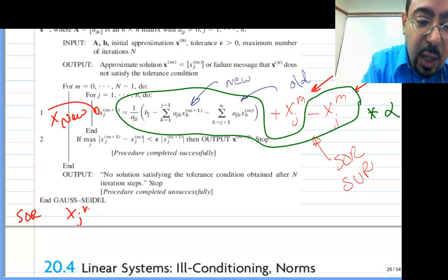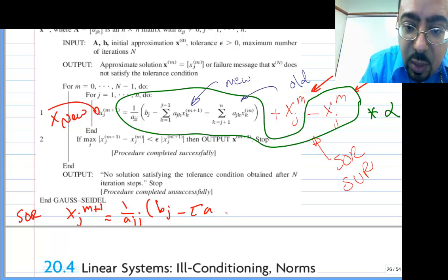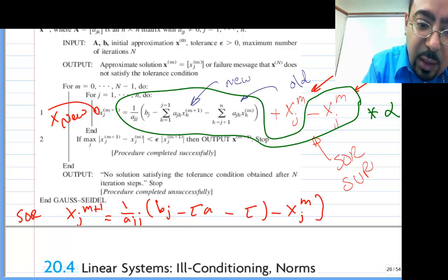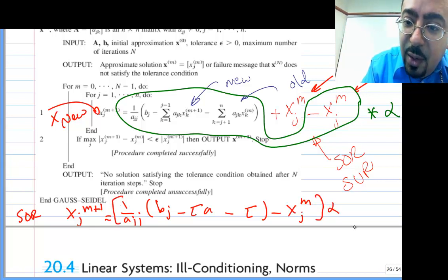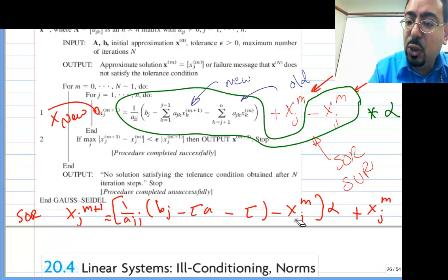Xj m plus 1 equal to 1 over Ajj, Bj minus sigma, everything basically, minus sigma minus, and let's close this bracket, minus xjm, the whole thing is multiplied by alpha plus xjm. What's xjm? Those are the old.